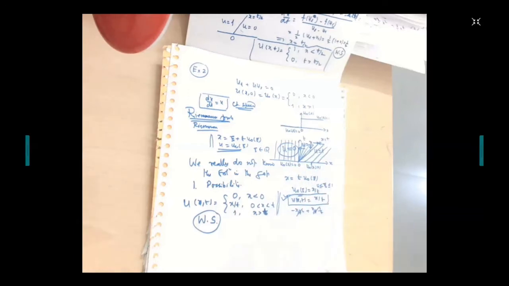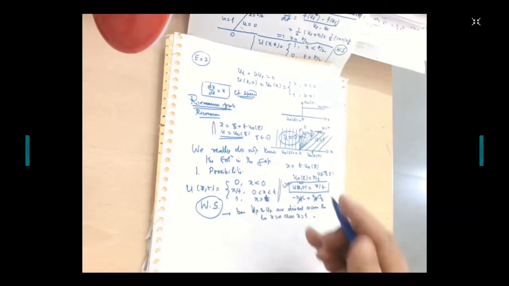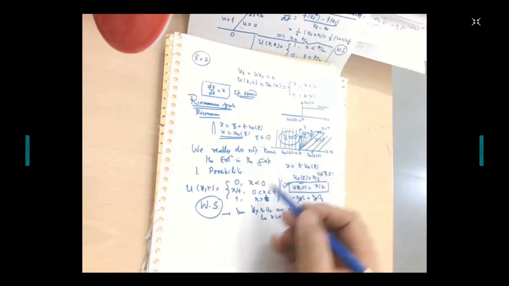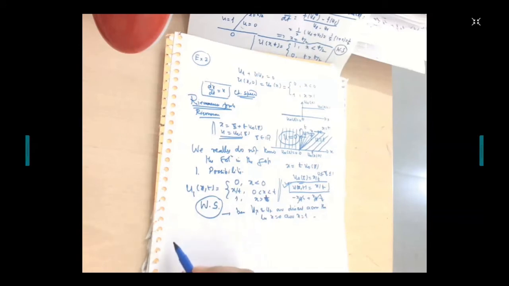It is a weak solution because derivatives ux and ut are discontinuous across the lines x is equal to 0 and x is equal to t. So this is one possibility, a weak solution of this kind. I will call it U1. U1 is one solution.